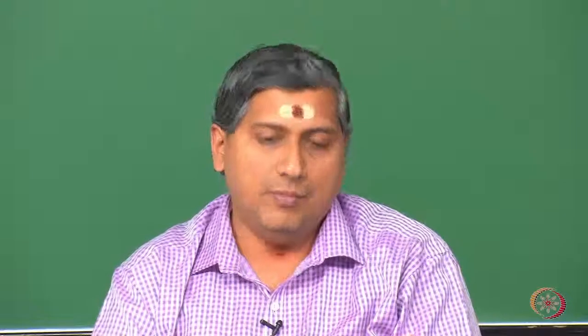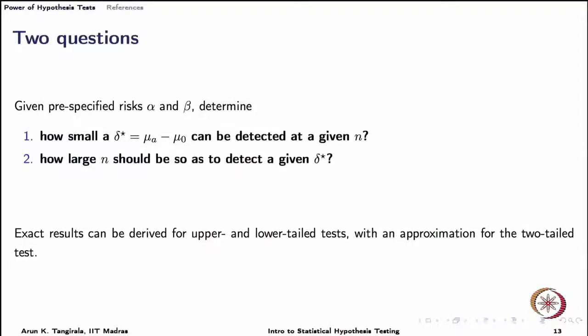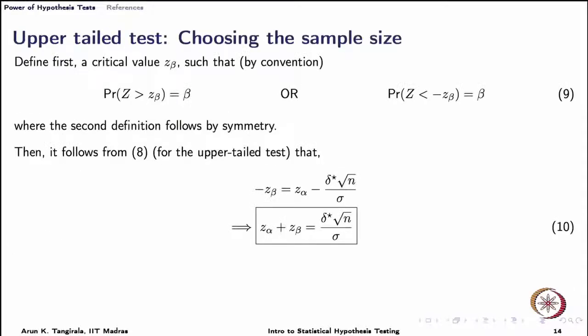This is the fundamental result in answering both these questions that we had raised earlier: how small a delta can be detected for a given n, and how large n should be for a given delta or delta star. So, equation 10 gives you the fundamental relation used in hypothesis testing.